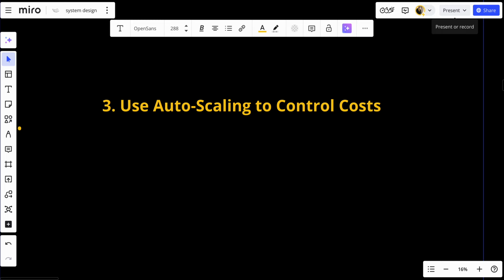For instance, if you run an online store, traffic may peak during holiday sales. Autoscaling lets you handle those peaks without paying for extra servers, helping to manage costs effectively.